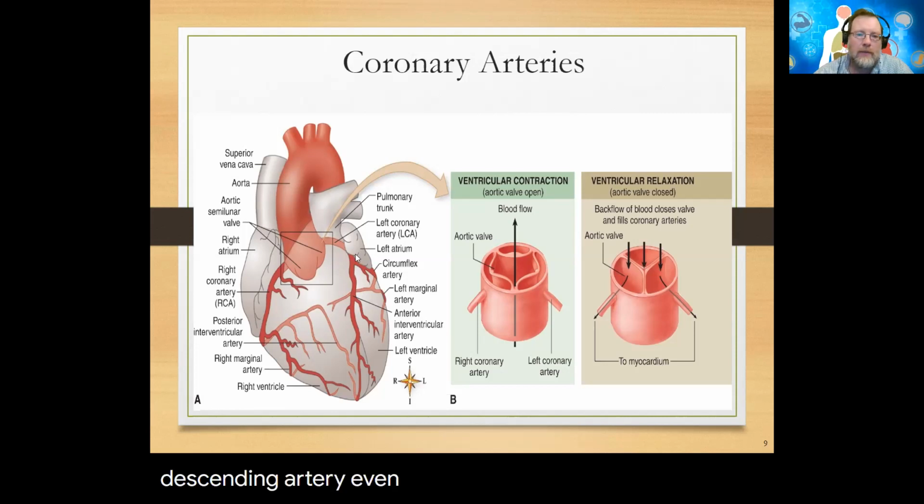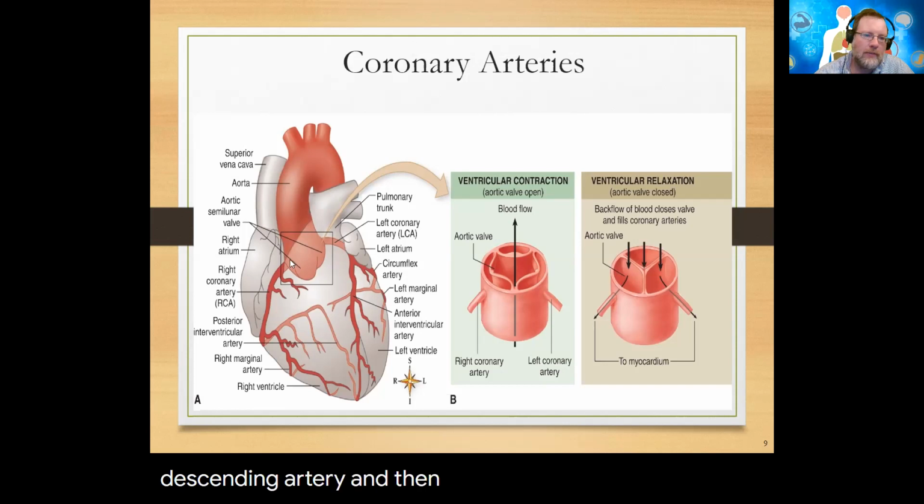So anyhow, LAD is the clinical reference term for this. In anatomy, we call it the anterior interventricular; in the clinic, it's called the left anterior descending artery.